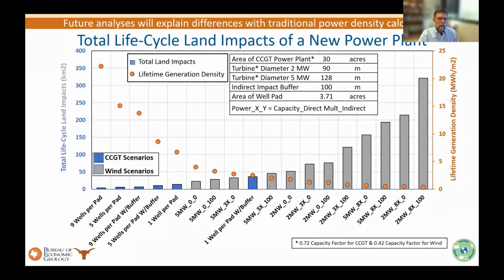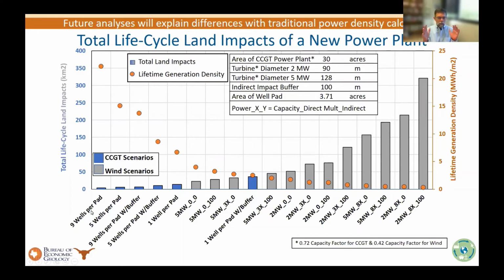What you see here is the orange dots show a decrease in the lifetime generation density. Again, this is the amount of power that we are able to generate per land area. The highest lifetime generation density is this 9 wells per pad.